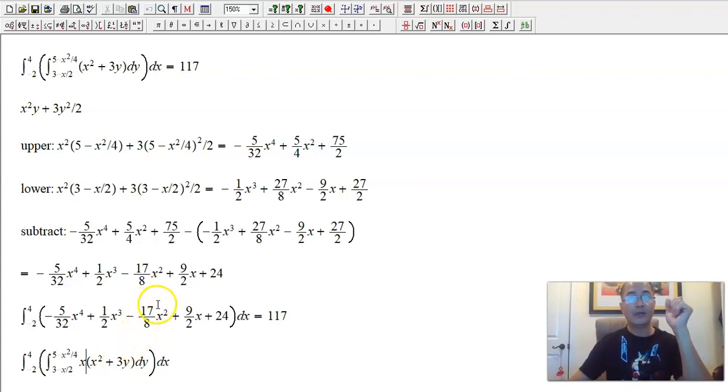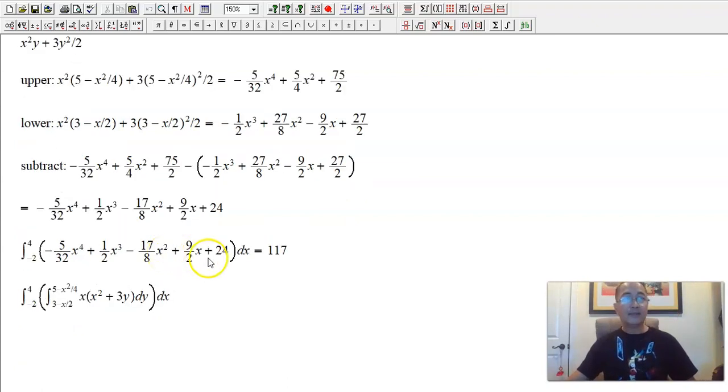If you were doing this in your homework, you don't have to do all of this all over again because there's an extra x there and it just gets multiplied to the final answer over here, because it's a constant with respect to y. So let's see if I'm correct. Let's go ahead and find the answer to that.